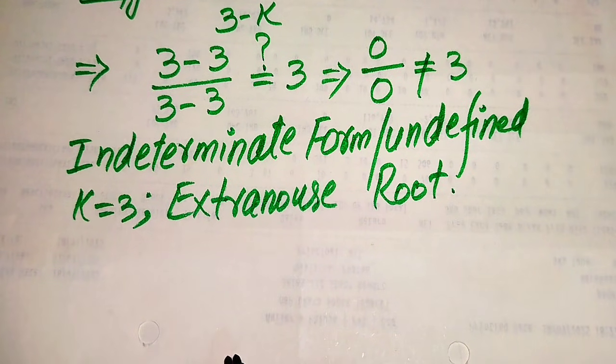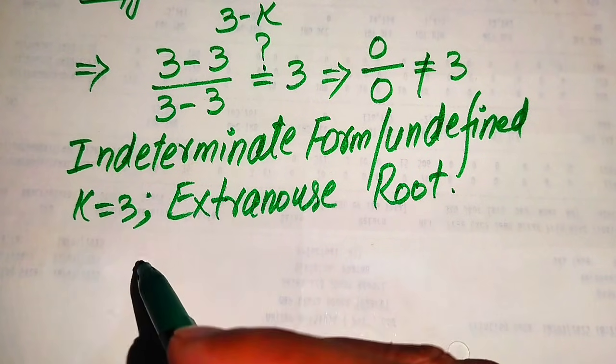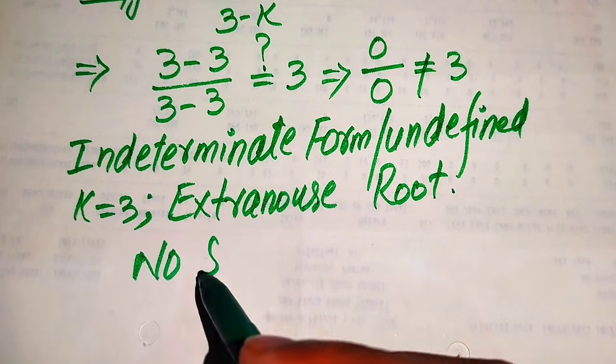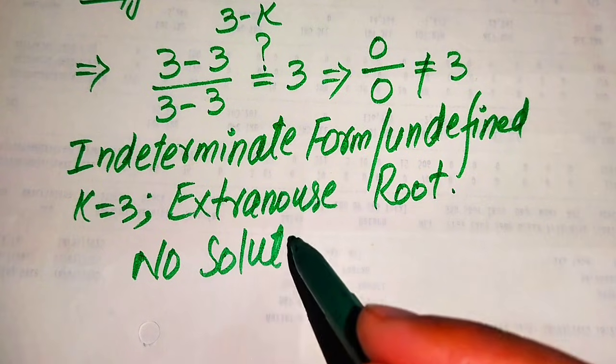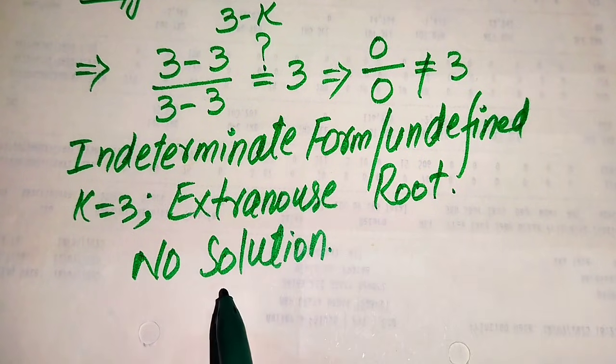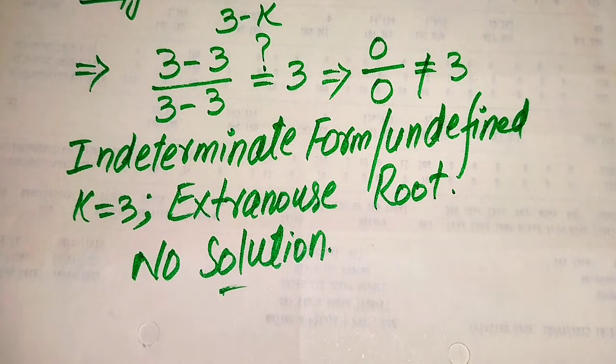So here we finally conclude that the solution set of this problem is that this equation has no solution in general. This is the final conclusion about the solution set of this problem in the first method.